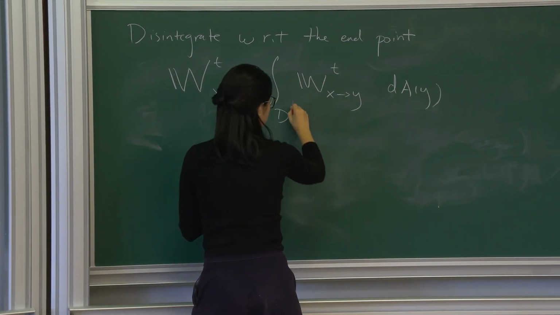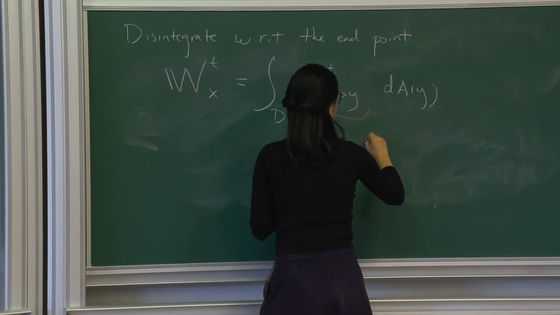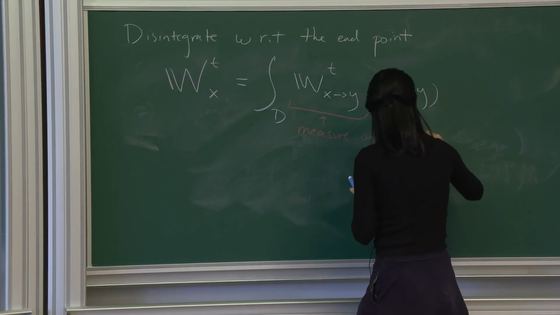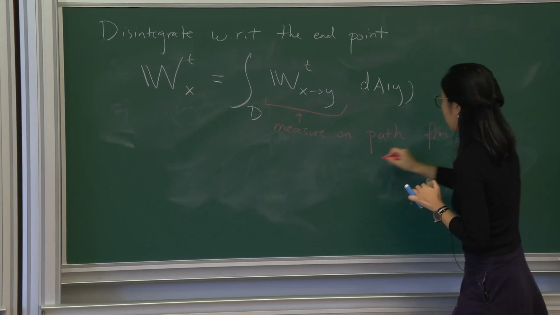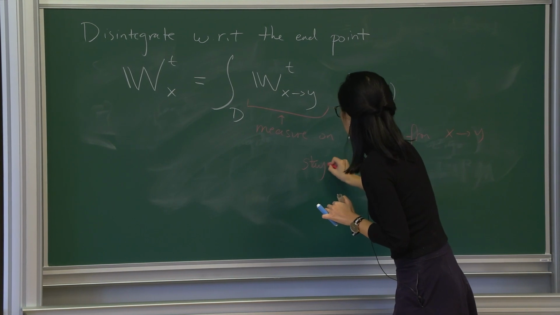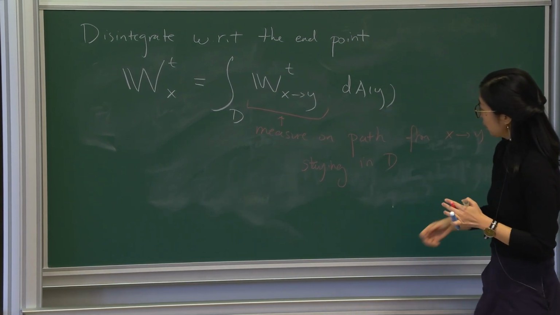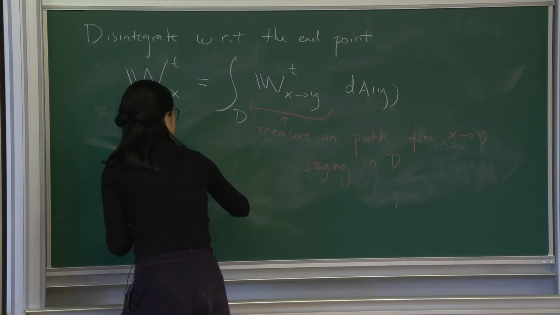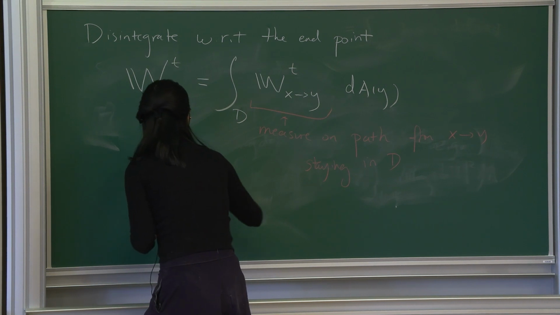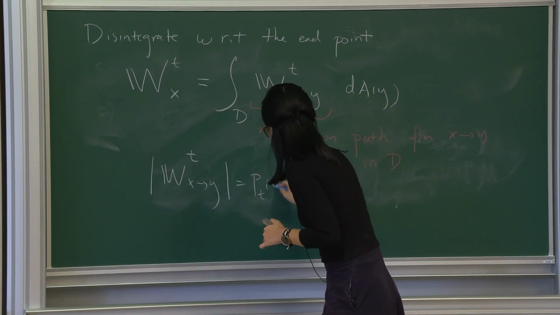And this is a family of measures on paths from x to y staying inside D. And what's this total mass? Total mass is p_t(x,y).